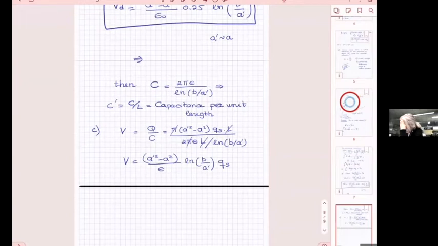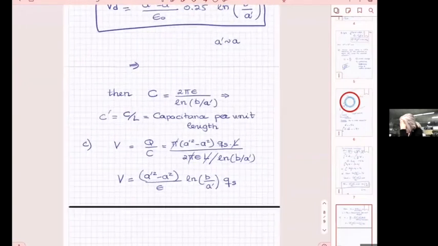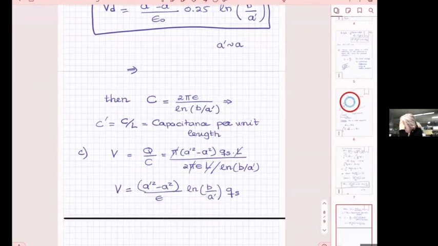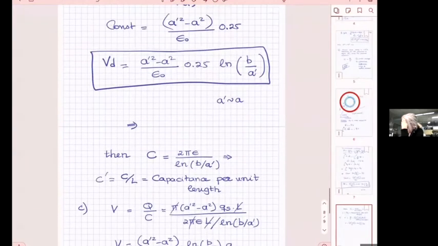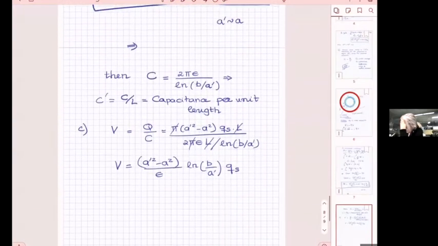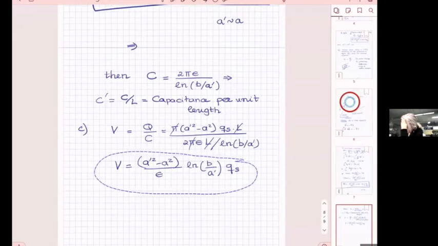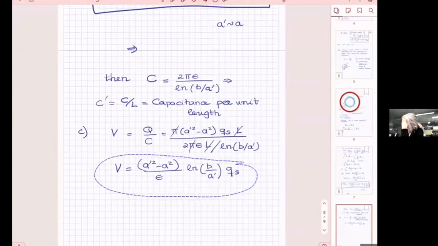What I found is what I derived up here, exactly what you have there. And I derived here from Q over C by knowing the capacitance of a coaxial.